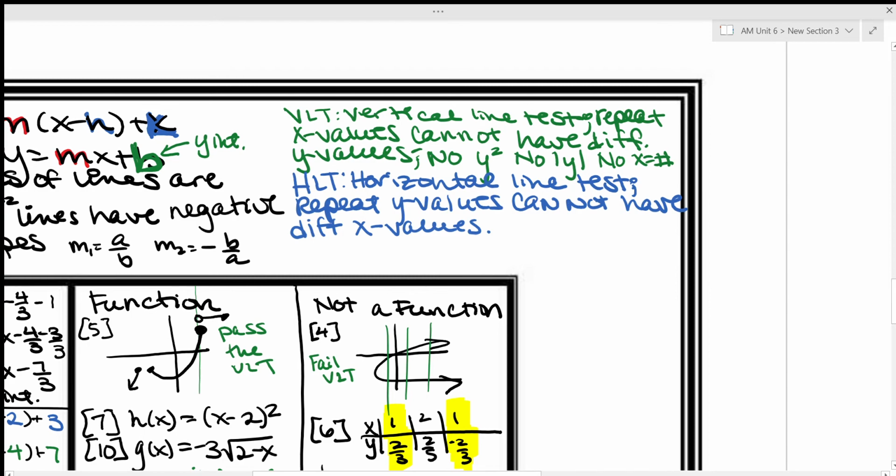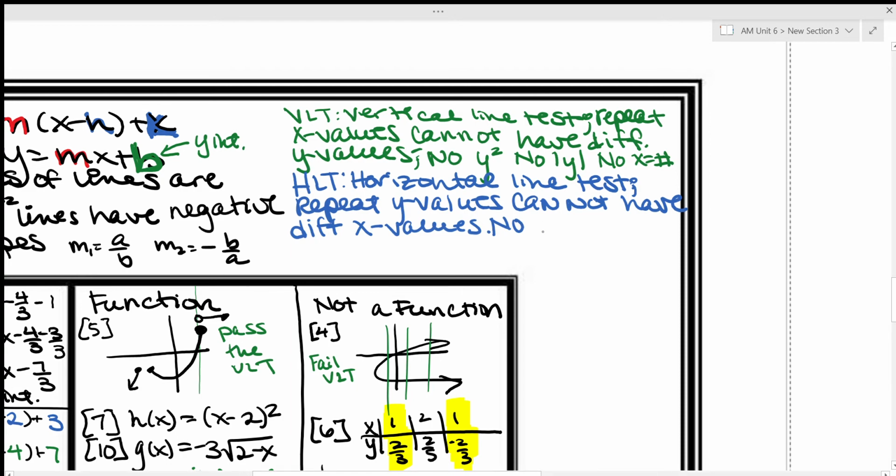So see here at the top where I said y squared, absolute value of y, x cannot equal a number. Now I want to do it for horizontal. What can you not have in your equation? No. Remember, they're exact opposites. We're switching x and y.